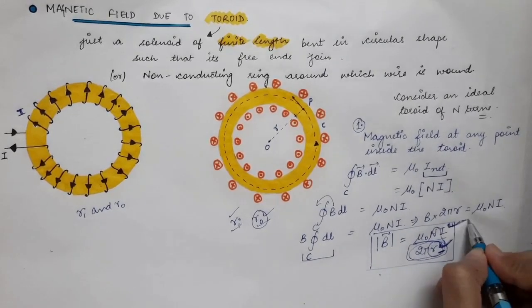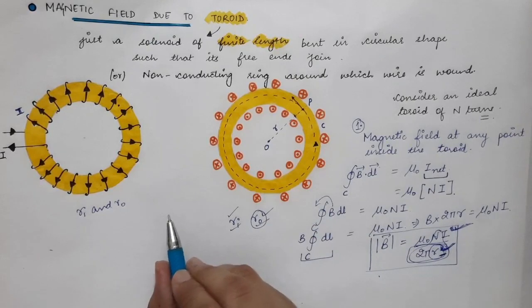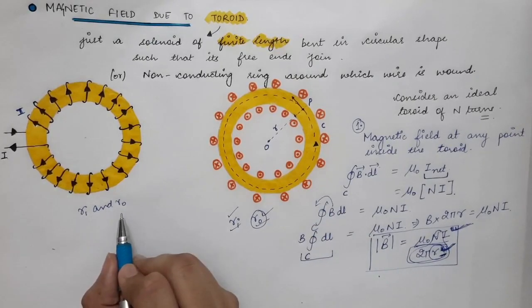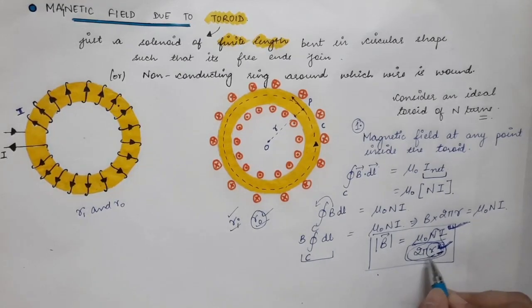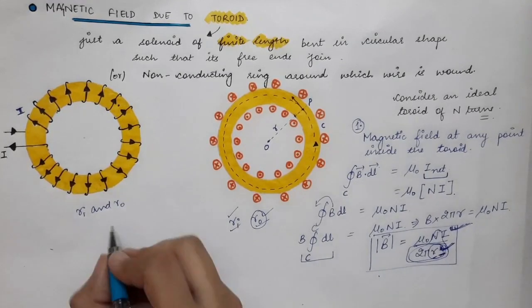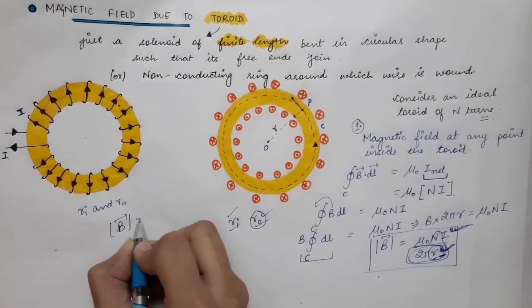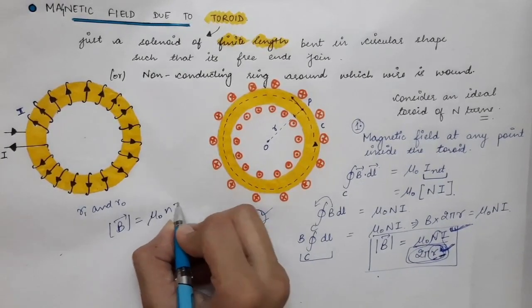So this is the general formula of the magnetic field inside the toroid. But if the cross section of the toroid is very small, means Ri and Ro are approximately equal, in that case we can neglect the variation of this r, and hence this 2 pi r will be the mean length of the toroid. So n divided by 2 pi r can be put equal to small n, which is the number of turns in unit length.